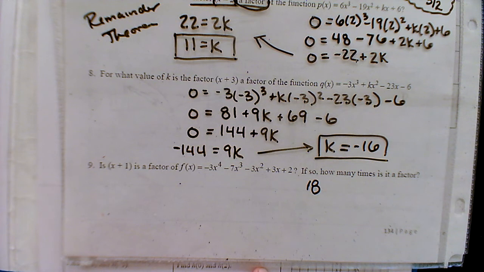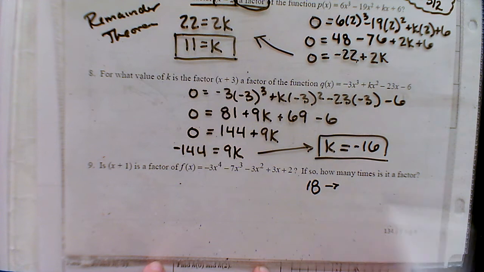What else do we have to look at? We have to look for division. So how many times does 2 go into 18? 9 times. 9 is considered the quotient, the answer from division.